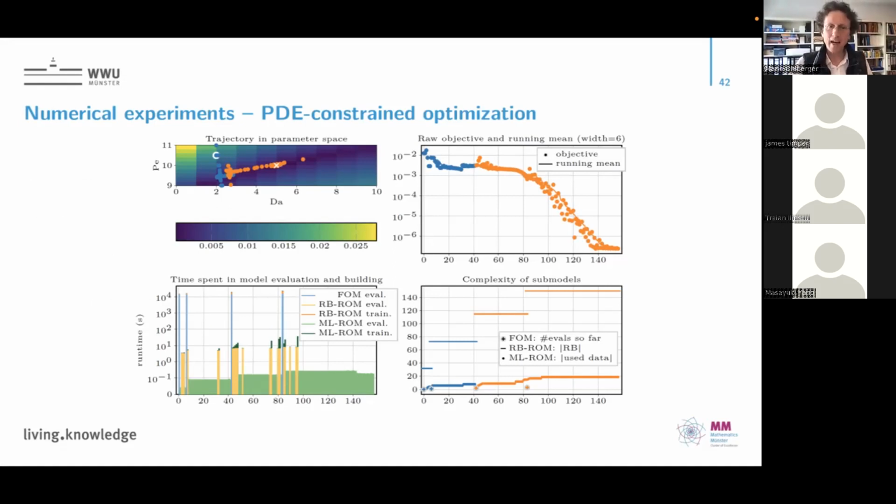So also in this example, you see that we use learning, in this case, combined training of the reduced order space and training of the machine learning in order to get an optimal speed up in such optimization problems.